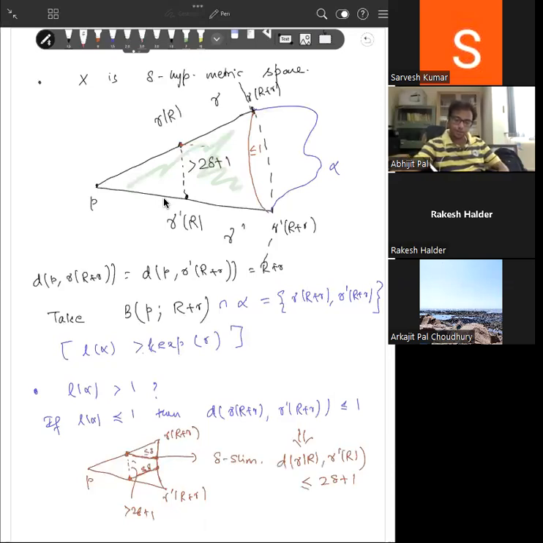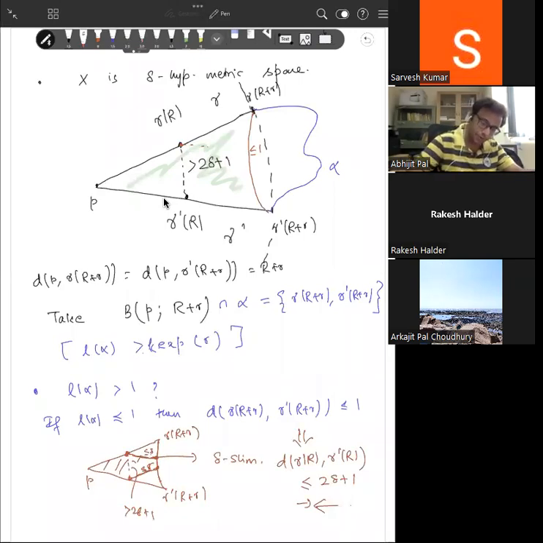This is coming from the slimness of the triangle with vertices P, gamma r plus r, and gamma prime r plus r. Okay, all right. So therefore we have a contradiction here.